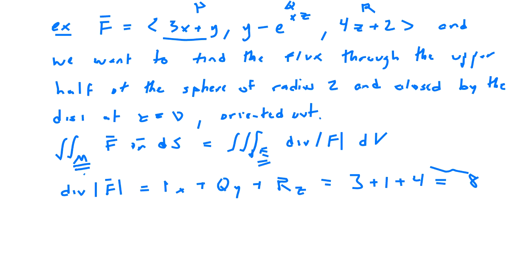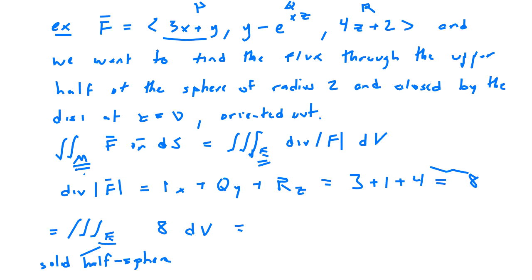So therefore we get the integral over the solid half sphere of 8 dV. Kind of like in Green's theorem, although here you probably don't know as many of the formulas.